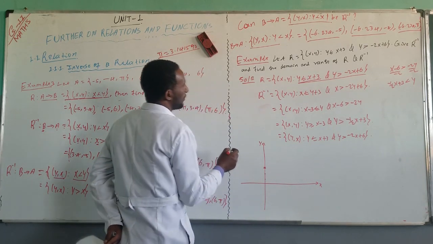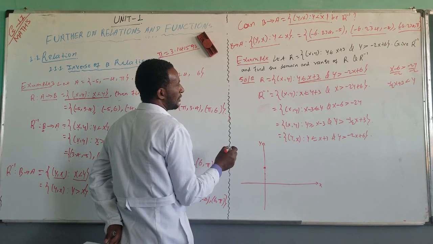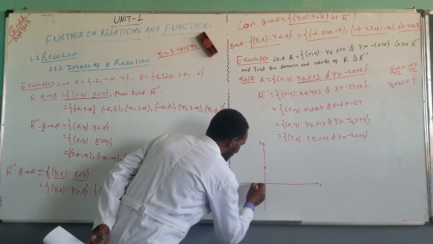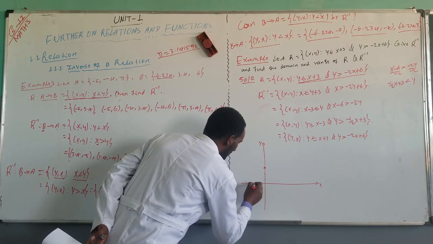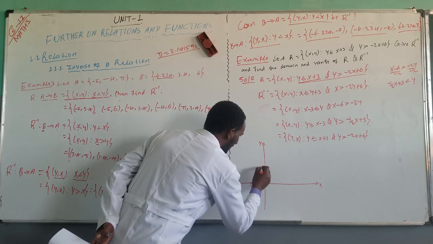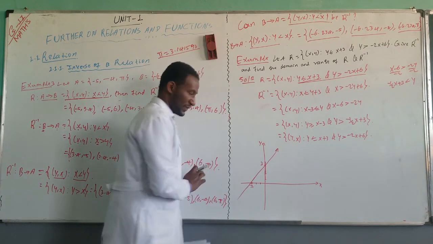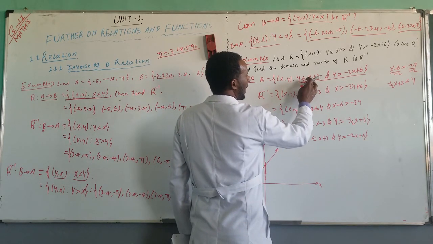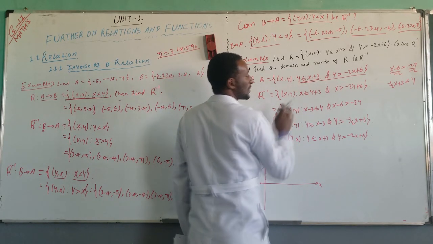Then when we put 0 for y, the x-intercept is at minus 3. Here is minus 3, here is 3. Then this graph is for y is equal to x plus 3.